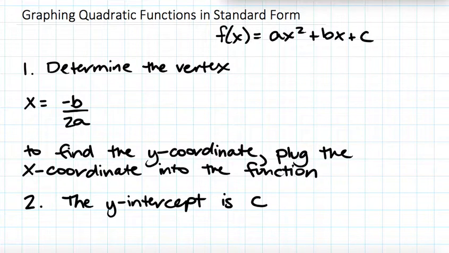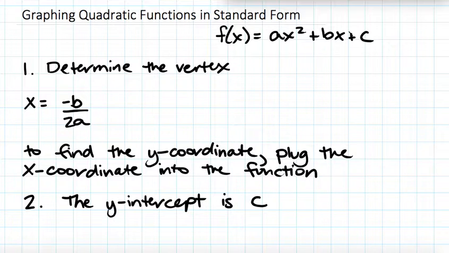The process is the same as when we're finding the y-intercept in vertex form: plug in 0 for x. With this function, a times 0 squared is just going to be 0, b times 0 is going to be 0, and so this whole thing always simplifies to c. So the y-intercept is c.